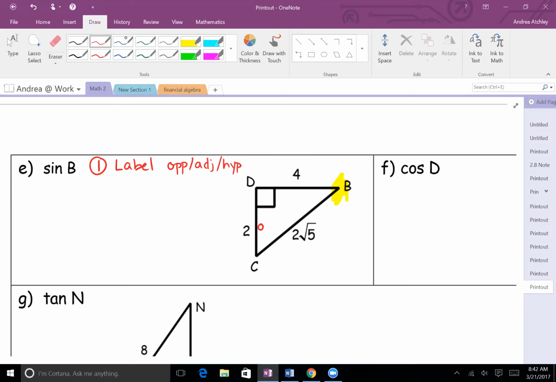Miko, what is the adjacent side? DB is adjacent, good. And Gianna will be the hypotenuse then? BC, very good. Okay, then we need the ratio of sine.